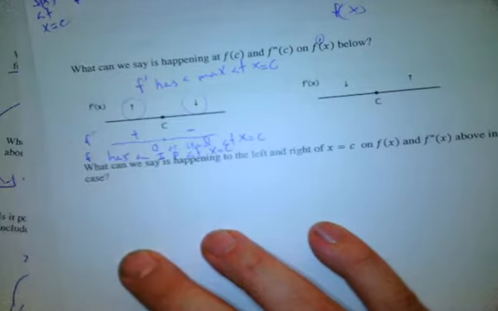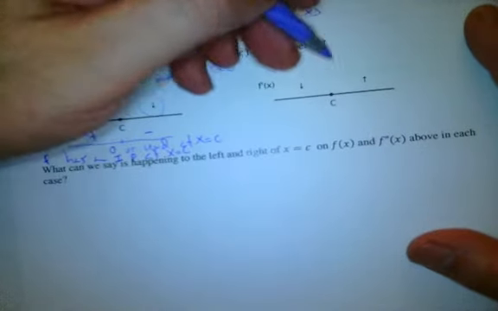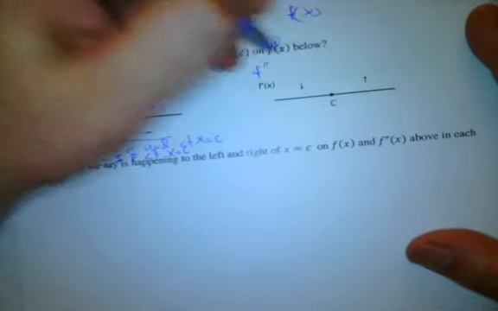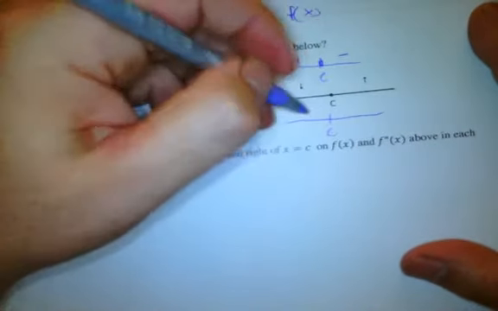So we know that we have a 0 or undefined at x equals c, and therefore that f has an inflection point at x equals c.